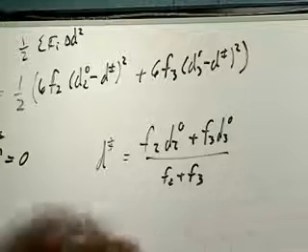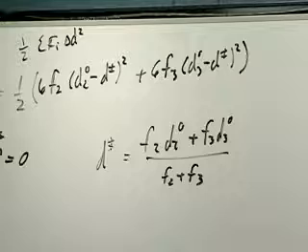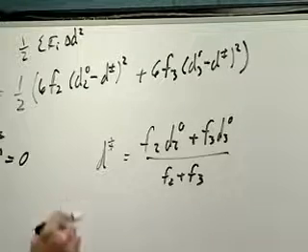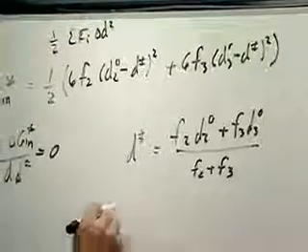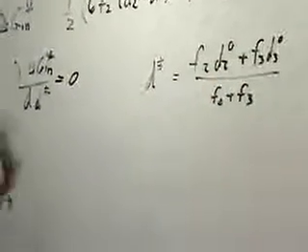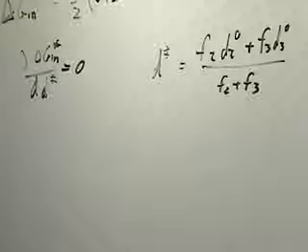Now, again, we get that there are contributions from the two sides. Normally, the difference in the force constants is of the order of 10 or 20%, so it doesn't make a lot of difference.